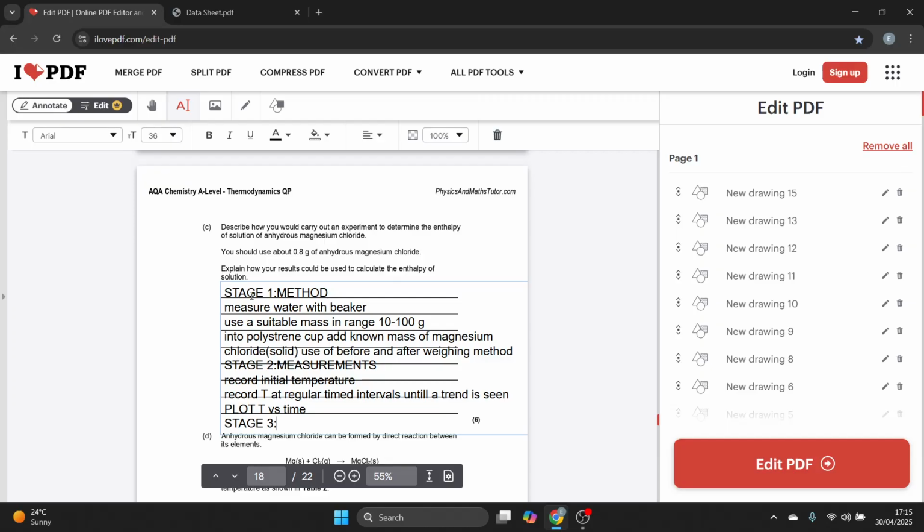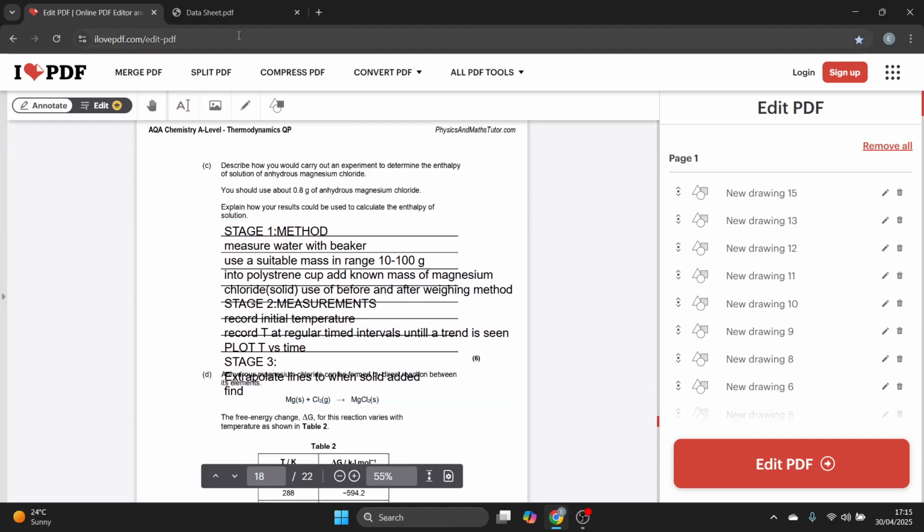Stage 3, extrapolate lines to when solid added. And then find delta T. I probably should draw that, shouldn't I?